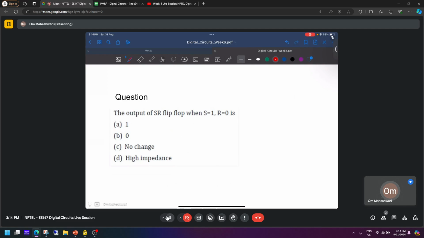So if you remember SR flip-flop, I just write the truth table again. This is the SR flip-flop when S equals 1 and R equals 0. When S equals 1, R equals 0, output is 1, set as 1. So that's A.